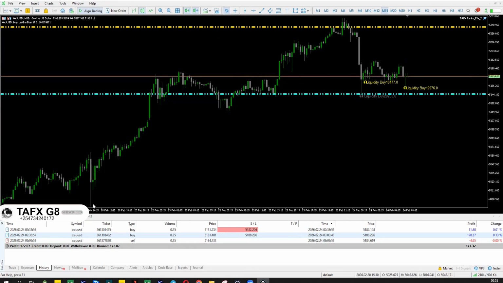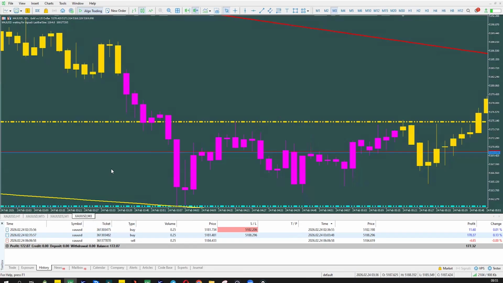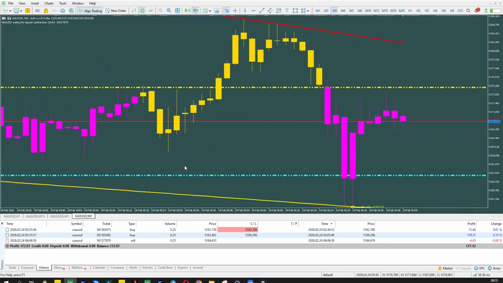Let's go back here to see what we are expecting. If this market is going to give us a good buy, we are expecting a very good breakout candle or a strength candle breaking our high, then that tells us we can go up.